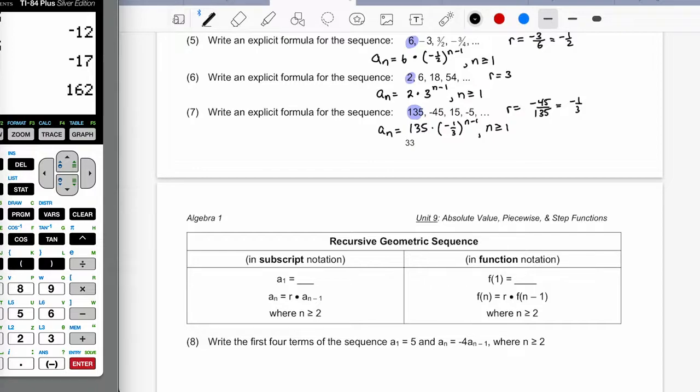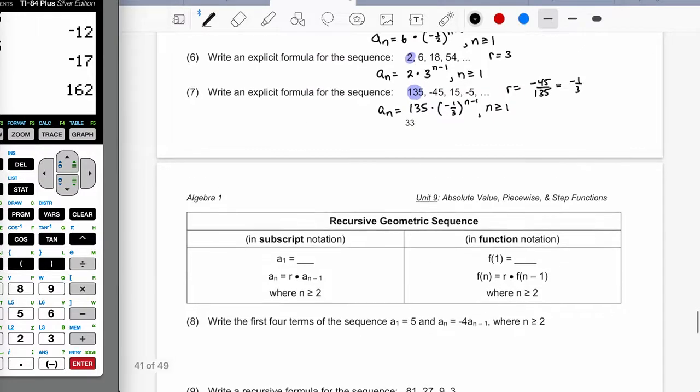But the domain is always n greater than or equal to 2. And again, the reason why the rule is n greater than or equal to 2 is because we already know what happens when n is equal to 1. That's the first term. If we're making a definitive statement of what a sub 1 is equal to, then I don't need a rule for that. That's a fact. That's a given. Right? I need a rule for everything that comes after that.